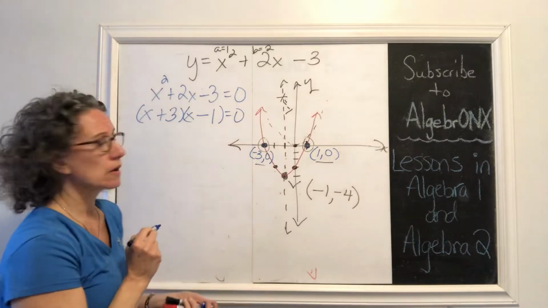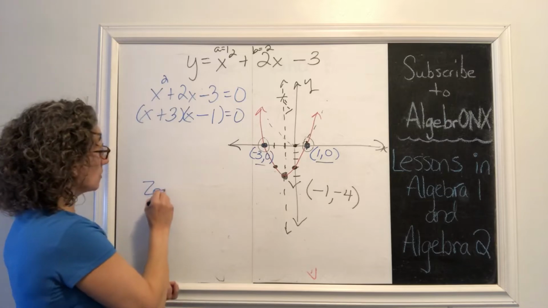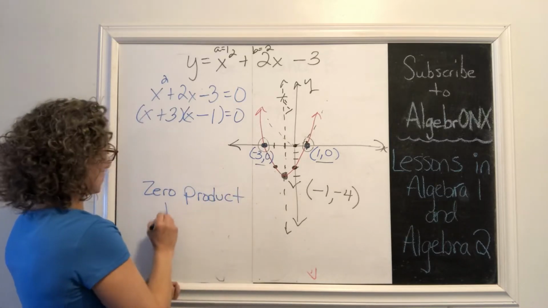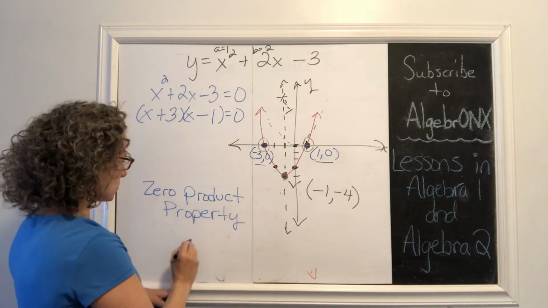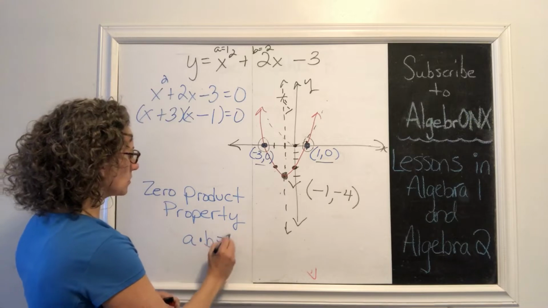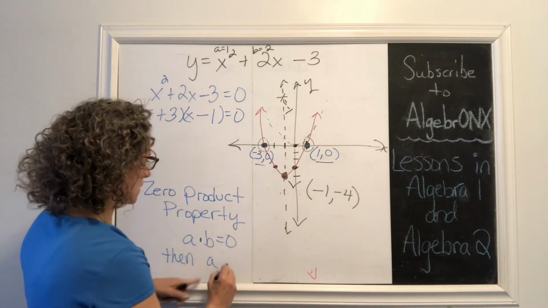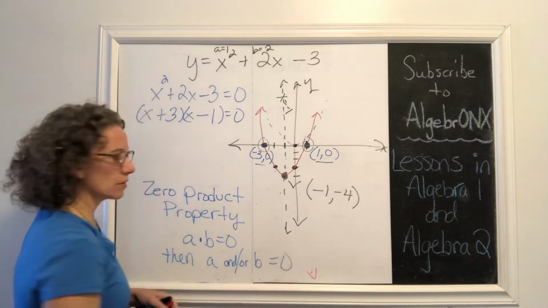And then we have a property called the zero product property, which says if 2 things are multiplied, a times b equals 0, then a and/or b equal 0.